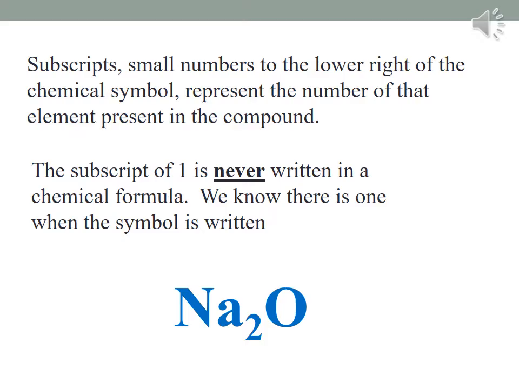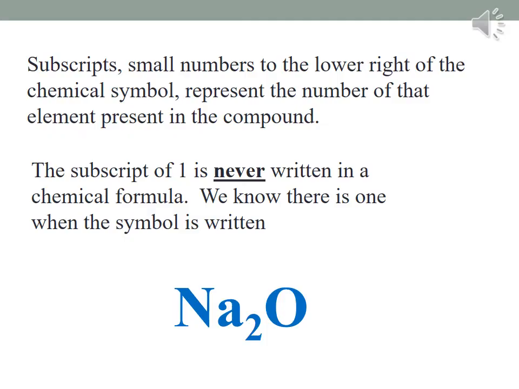Now, to write the formula, we use subscripts, or small numbers, to the lower right of the chemical symbol, the element symbol, to represent the number of that element present in the compound. We can see down below, Na, or sodium, has a 2 after it. That means that there are 2 sodium atoms in the compound. The subscript of 1 is never written in a chemical formula.